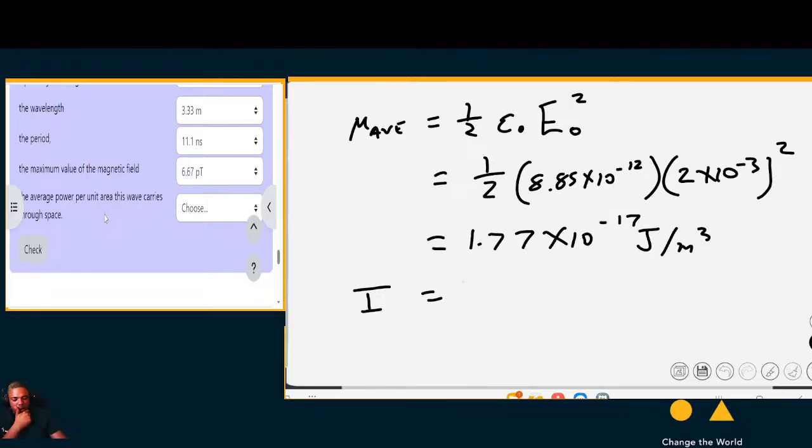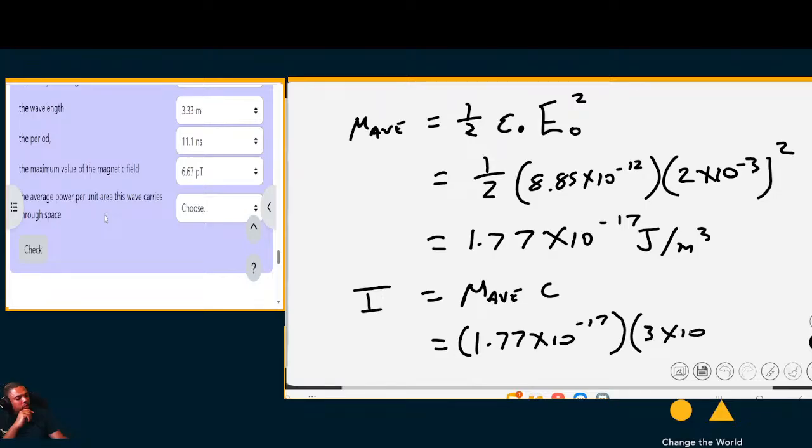So the intensity is just the average energy density that we just calculated multiplied by the speed of light. Remember we had it earlier on, the average energy density is I over c. So it's just 1.77 times 10 to the negative 17 multiplied by the speed of light, 3 times 10 to the 8.